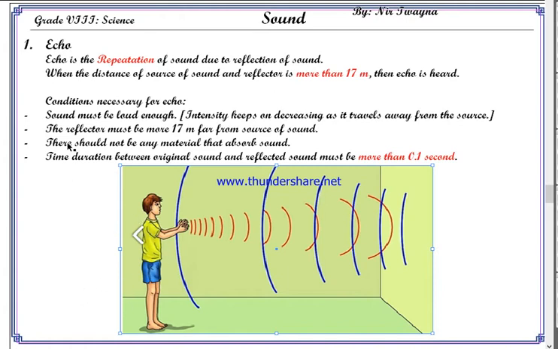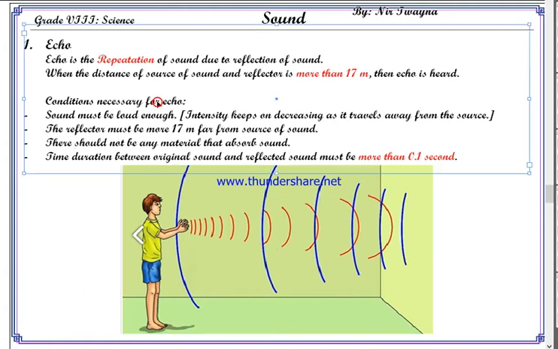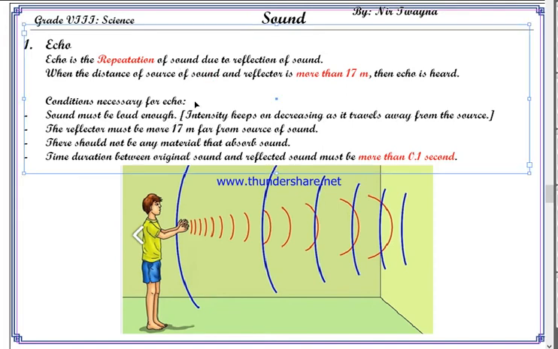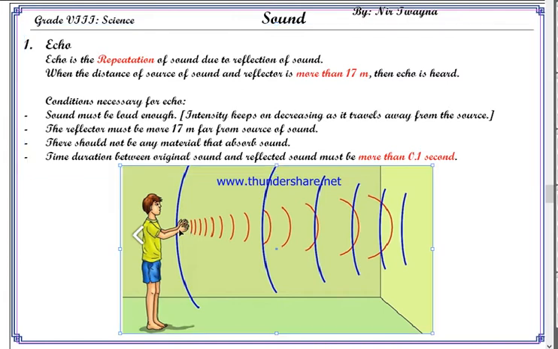Now what conditions are necessary for echo to occur? Definitely, as we have studied here, the distance between reflector and source of sound must be more than 17 meters. And sound must be loud enough, because the sound has to travel a very long distance, isn't it? As sound travels farther and farther, its intensity keeps on decreasing.